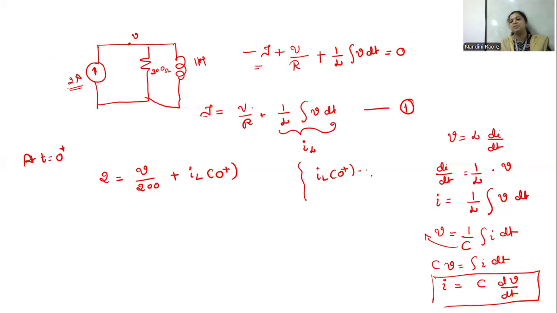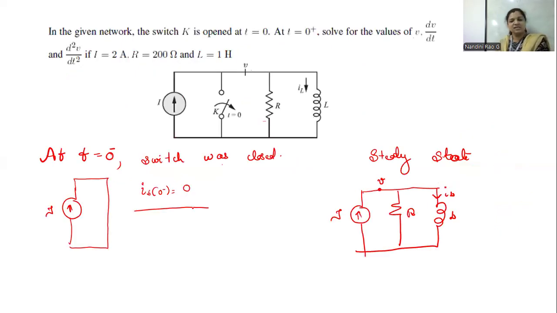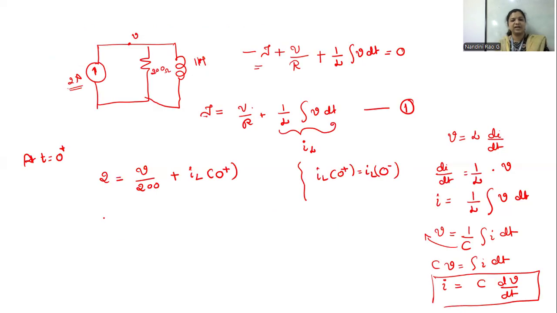This remains the same whether it is series or parallel. IL of 0 plus or 0 minus is 0. So 2 equals V by 200 at t equal to 0 plus. What will be the value of V? 400 volts. At t equal to 0 plus it is 400 volts.